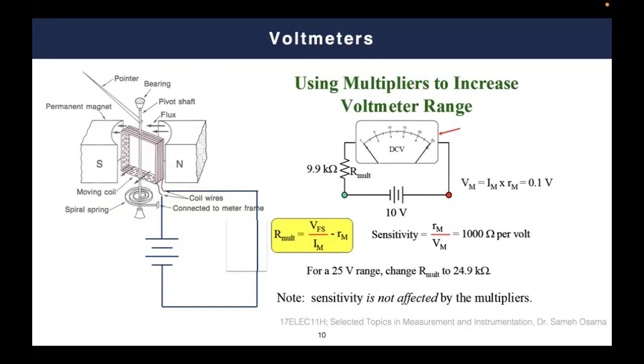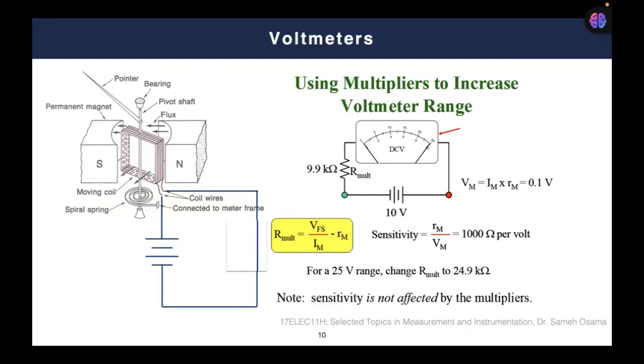So in order to know the value of this series resistance, you need to understand how much voltage you need to measure. For example, now your coil can measure 0.1 volt, and you need to extend this range to 25 volts. So you need an additional voltage drop of 24.9 volts, so that the overall voltage range is 25.